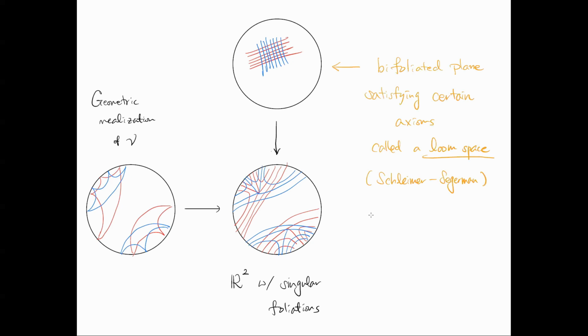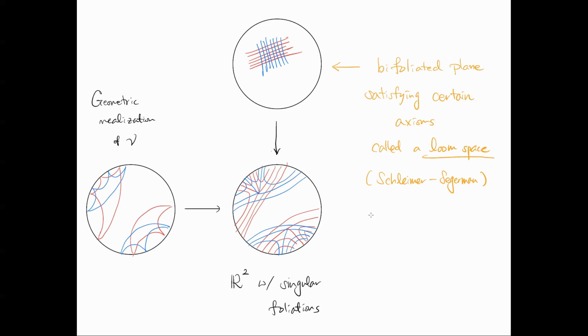And this is a bifoliated plane: the plane with bifoliation, a transverse pair of regular foliations, satisfying certain axioms. The set of axioms was given in Schleimer and Segerman's work, and this kind of bifoliated planes are called Lume spaces in their paper.